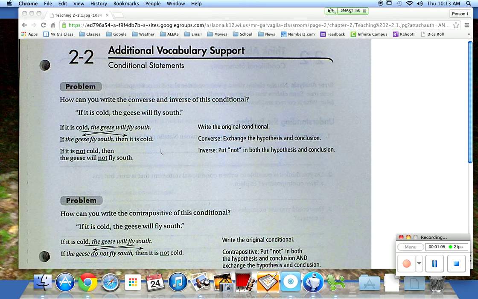What is the inverse to it? Well, if it's not cold, then the geese will not fly south. That's an inverse. It's like taking 1. What's the inverse of 1? A negative 1, right? So if I'm going to be taking a negative of this, I'm going to put not into it. Not's a very negative thing.